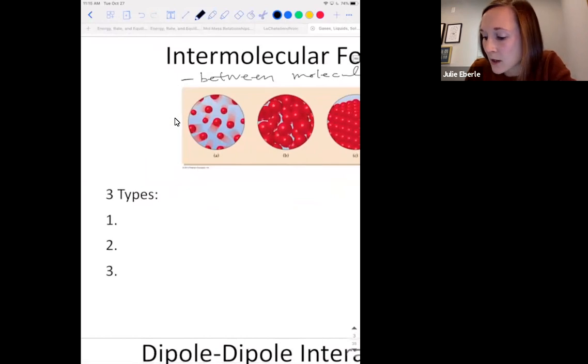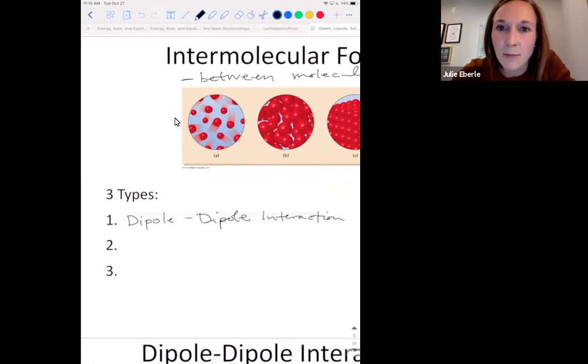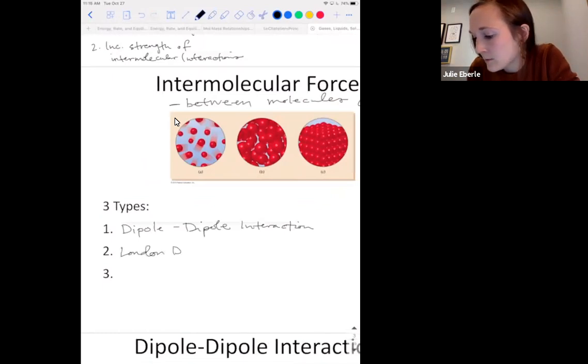The first kind that we're going to talk about is called a dipole interaction. Sometimes for short, we just call them dipole. Dipole interaction, dipole moments, dipole interactions, all the same thing. The second one we're going to talk about is known as London dispersion forces.